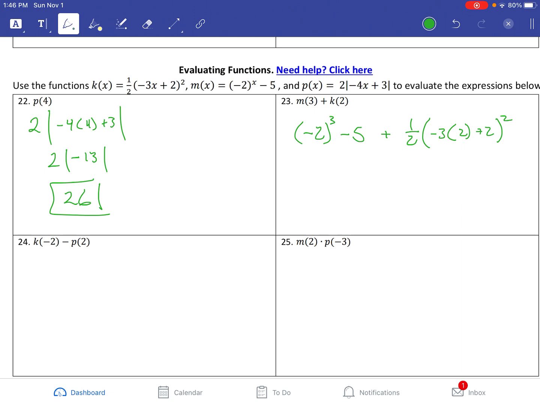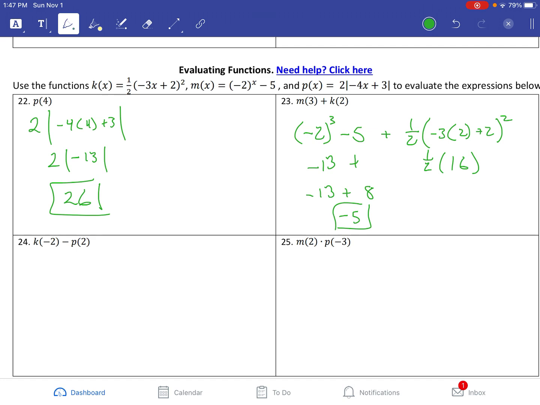Negative 8 minus 5 is negative 13. Okay, plus, we'll do the other side. Negative 3 times 2 is negative 6. Negative 6 plus 2 is negative 4. And then negative 4 squared is going to be 16 times 1/2. Okay, so I'm going to put the negative 13 down here again. And 1/2 of 16 is going to be 8. Negative 13 plus 8 is negative 5.